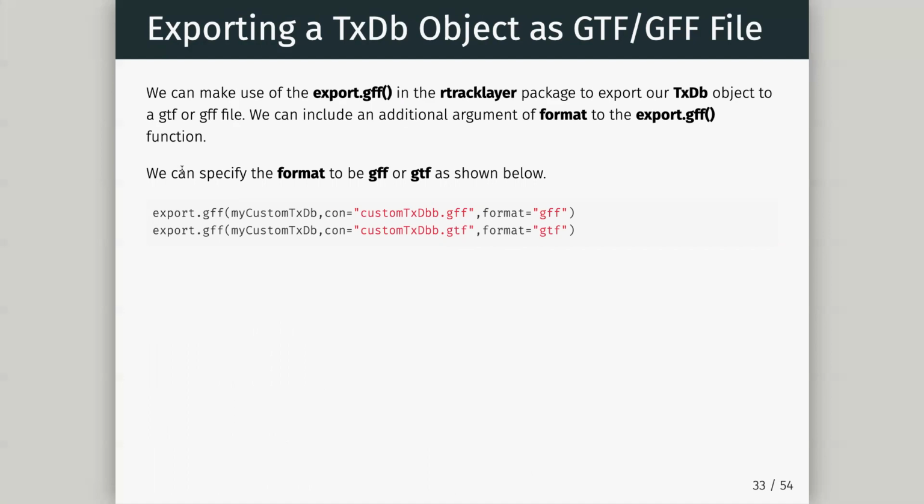We can actually just use this export.gff function from the rtracklayer package. Just give it the TxDb we want to export here. We can give it the connection we want to write to, and then we have to specify the format. Even though it says export.gff, we can specify the format as GFF, or I recommend GTF.